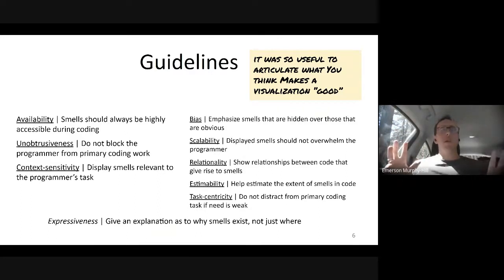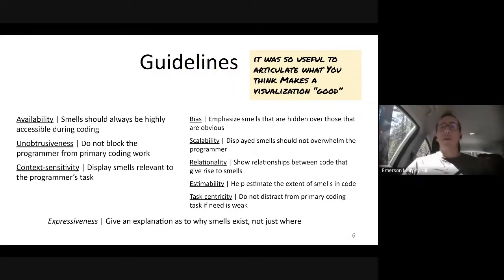We're making them the best we can make them. We're trying to make them as useful as possible. But why do we think this visualization is useful? It's not because I think I made it. I think it's because there's some very specific things that I can put my finger on, and sitting down and articulating those turned out to be really useful.